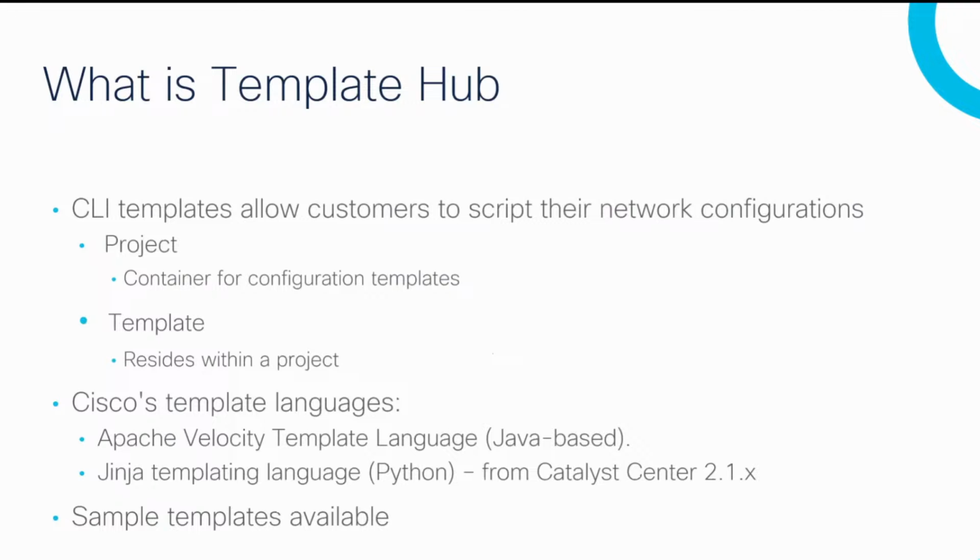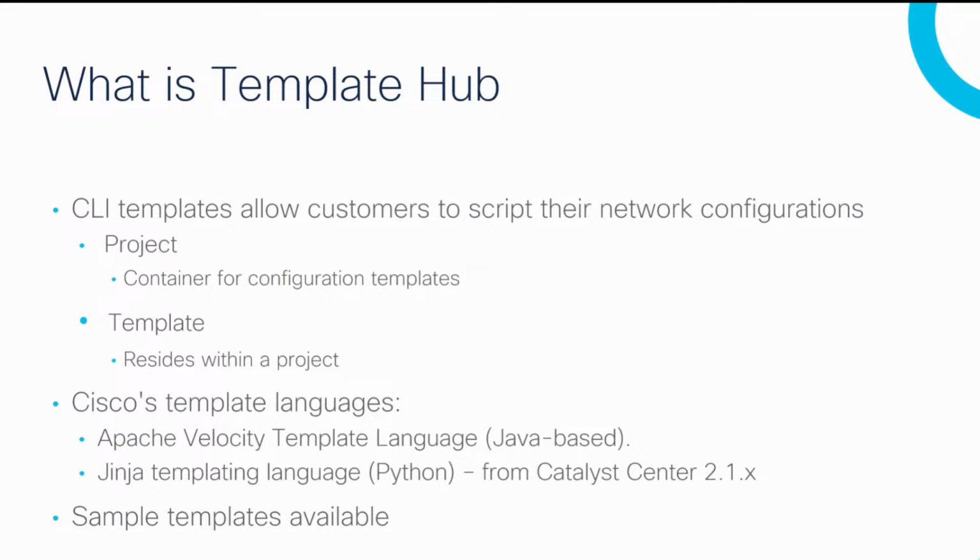CLI templates allow customers to script their network configuration, so you can use projects, which are containers for configuration templates. By default, there's a Day Zero configuration project and a Day N configuration project, and then you can add various other projects that you wish, such as a routing project or a security related project, anything like that.